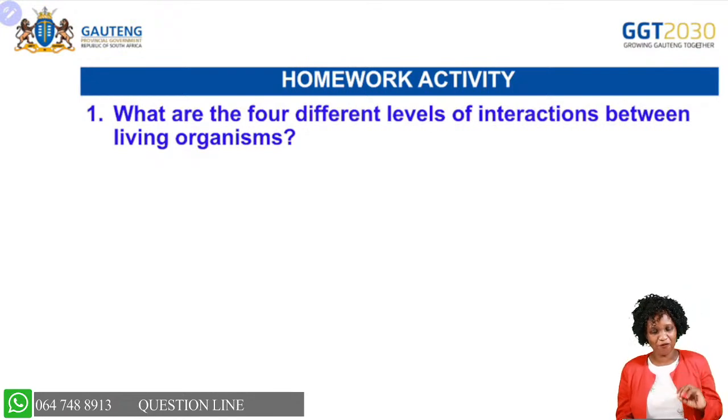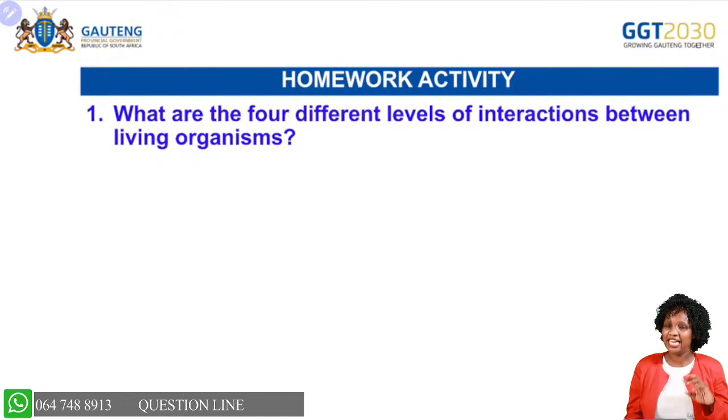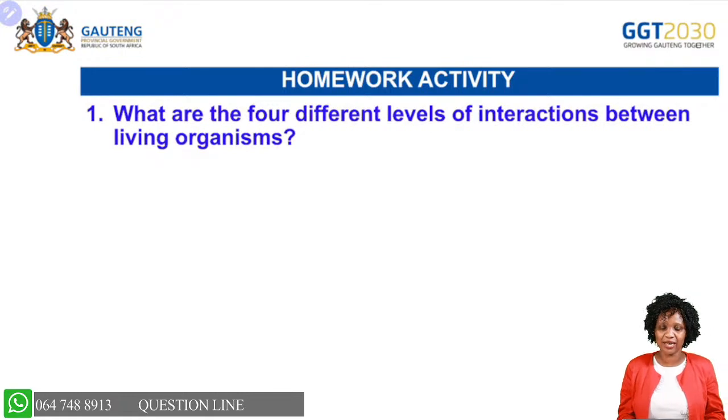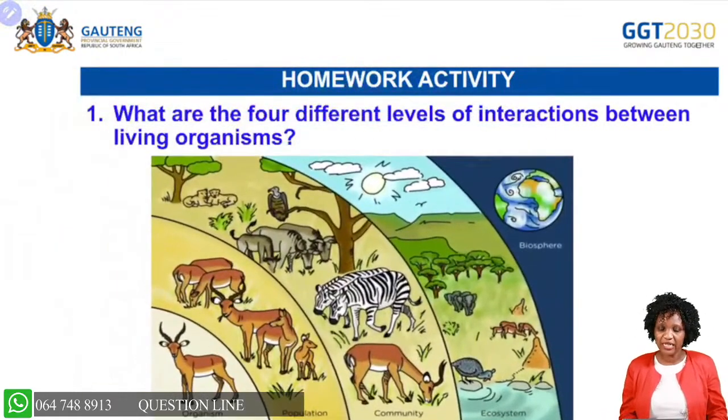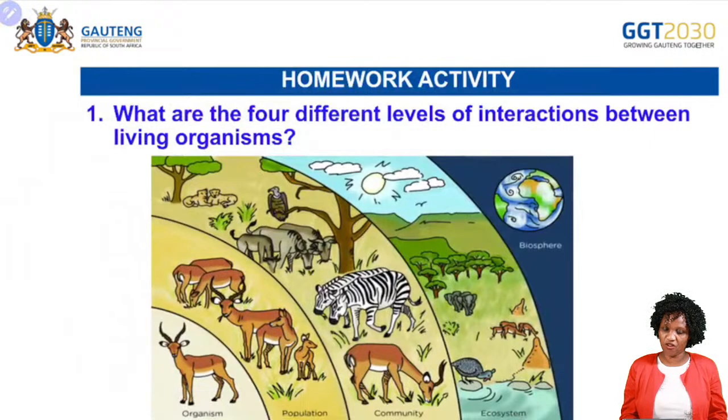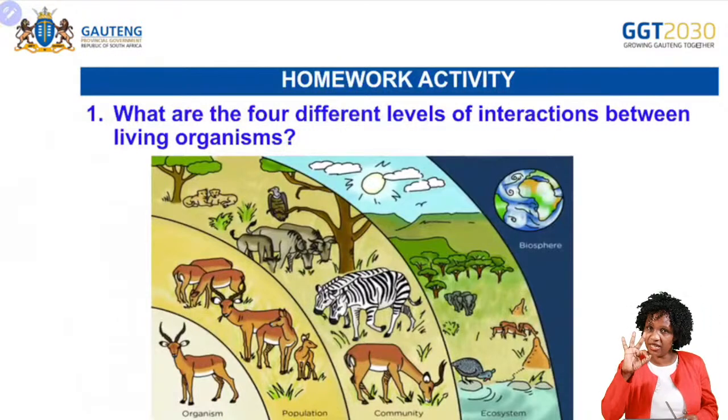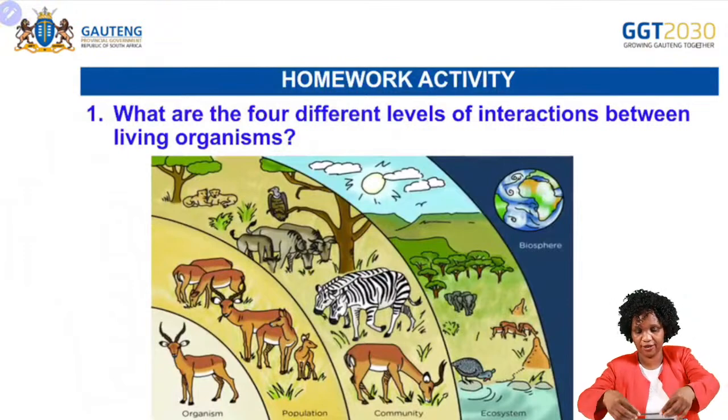Before we close our lesson off, let's write a homework. Let's copy the homework. Question number 1 says, what are the 4 different levels of interactions between living organisms? Let's just copy it now, then we're going to answer it at home. I'll give you 3 minutes to copy the homework.